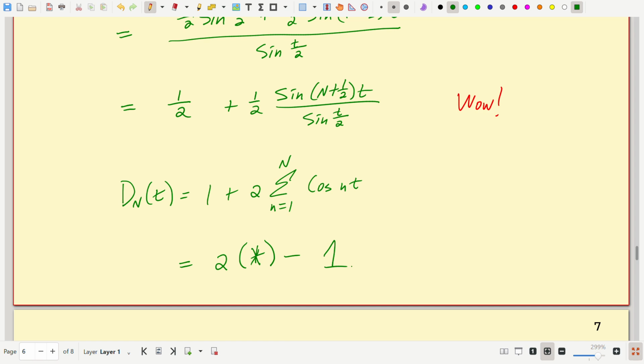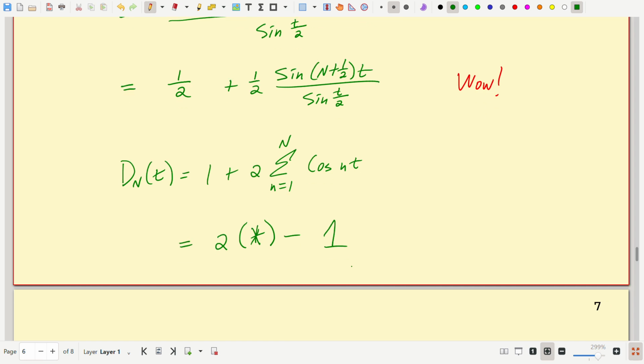So if I give myself a 2, I have to subtract a 1. Okay. And when you put that all together, you get 2 times that thing I just calculated, minus 1, which turns out to be the Dirichlet kernel. Check.